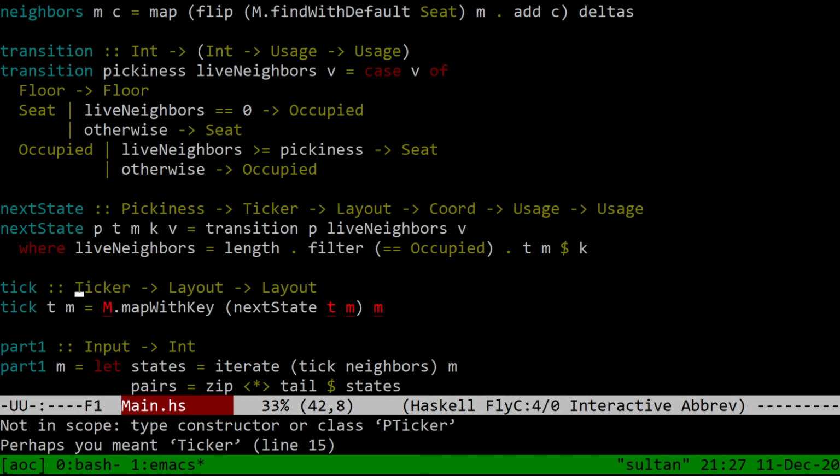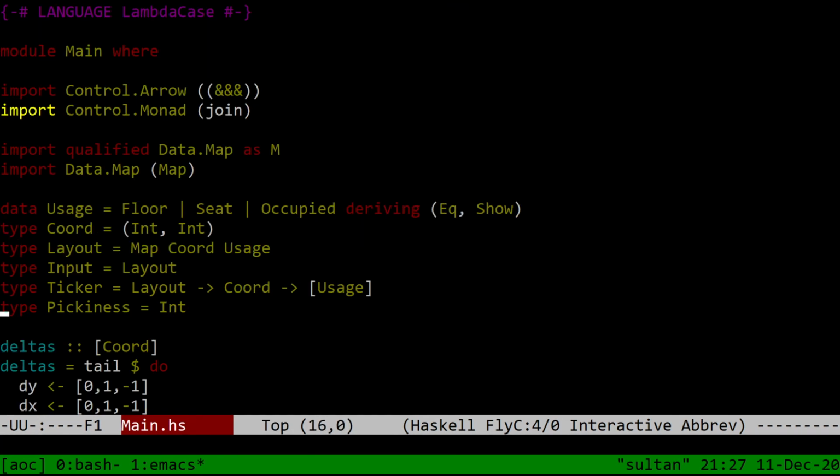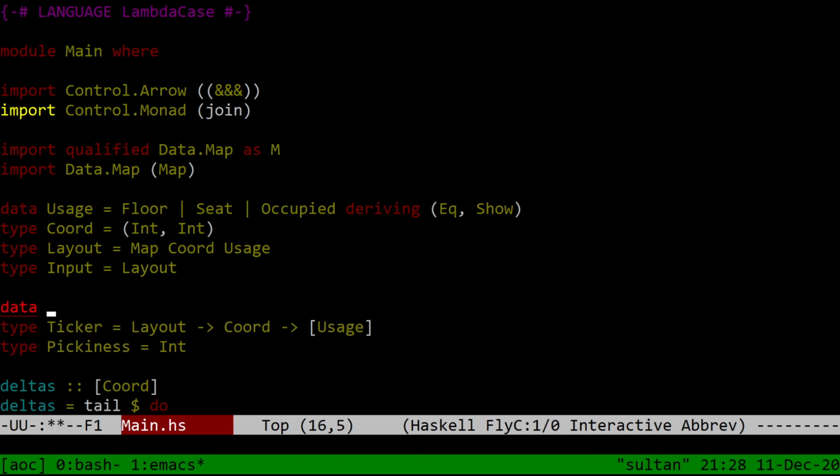I feel like a pickiness and a ticker is a useful pair, right? So maybe what I should be doing is not putting these into just type aliases, which are not that meaningful. Give them real data. I still want the type alias at least for ticker, but maybe I don't need one for the pickiness.